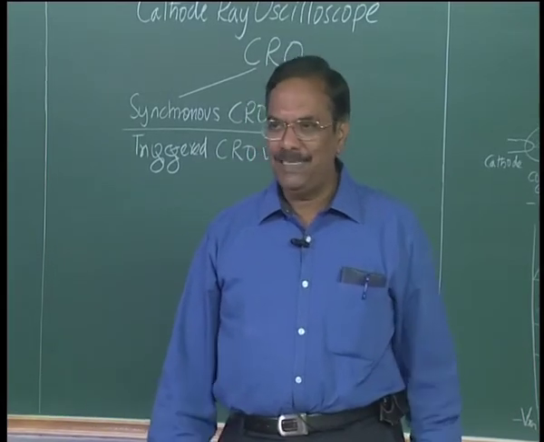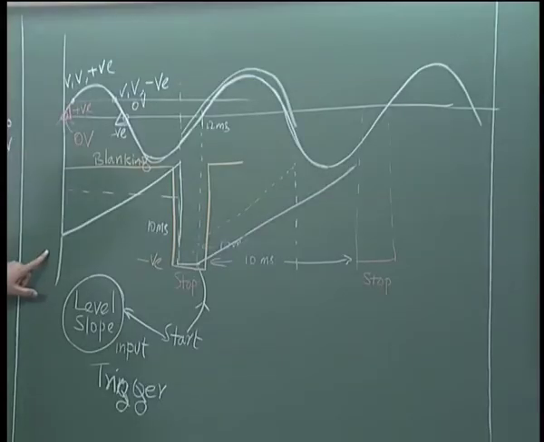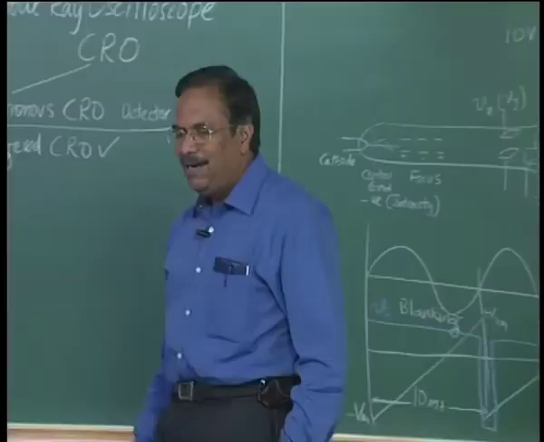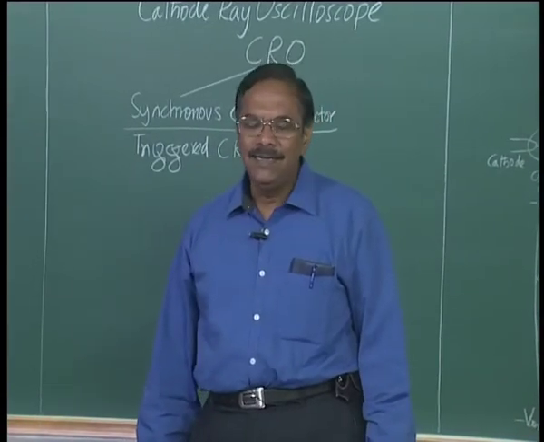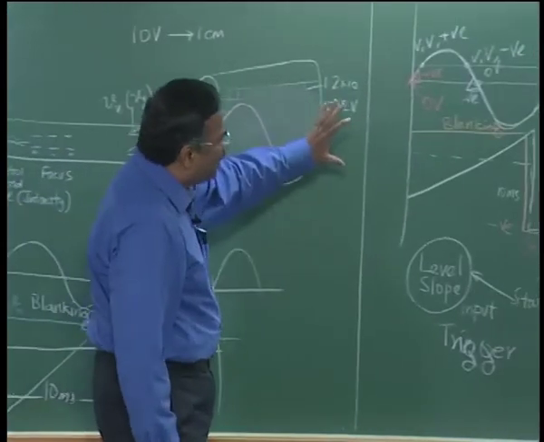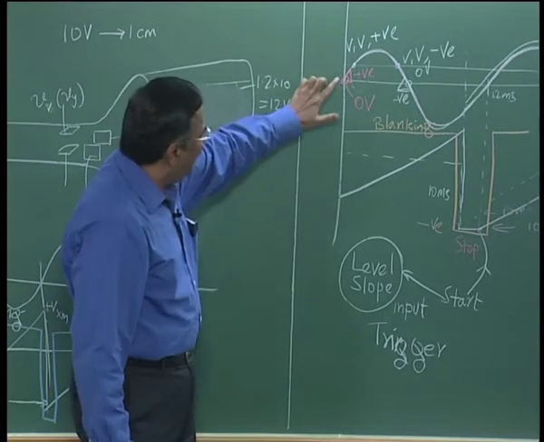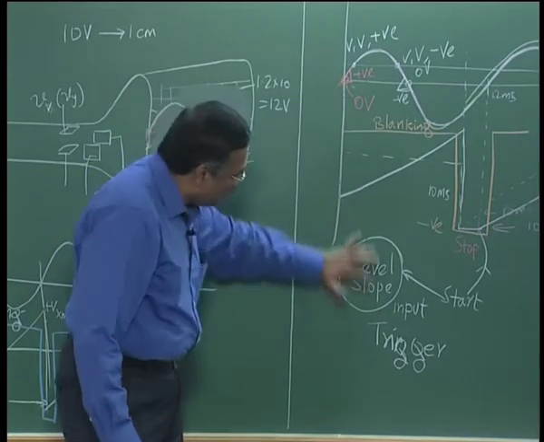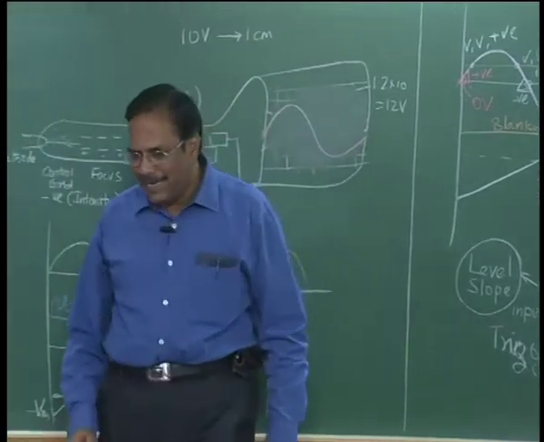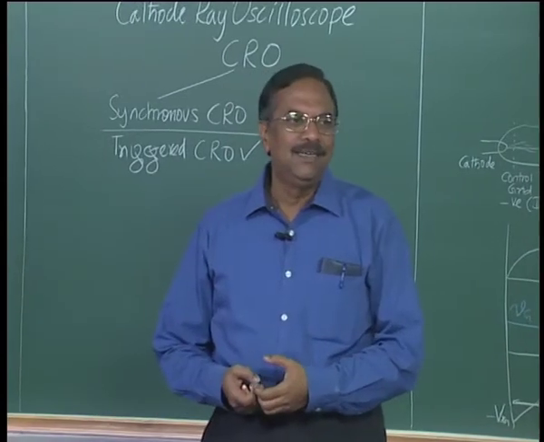The second problem is, if I am going to start my sawtooth generator using the level and slope of the input signal, a particular set level and a set slope, I need a circuit to look at the input signal and tell me that a particular voltage level and slope has occurred, which means I need a circuit to sense the voltage level as well as the slope.